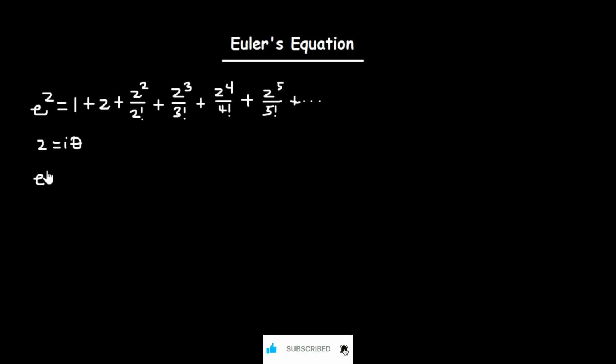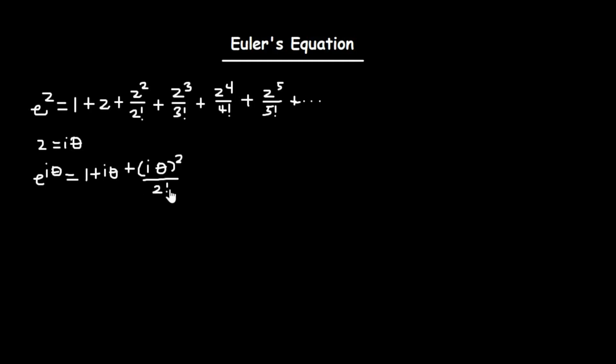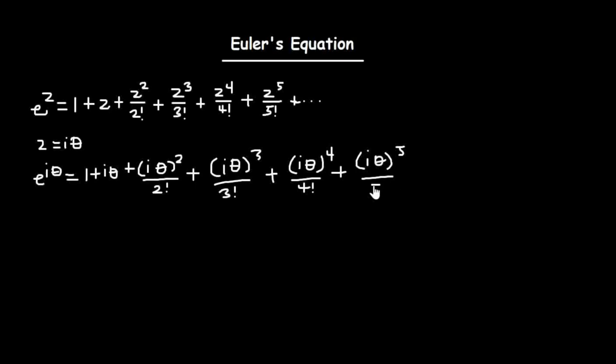So you have e to the power i theta equal to 1 plus i theta, plus i theta to the power 2 all divided by 2 factorial, and then plus i theta to the power 3 all divided by 3 factorial, and then plus i theta to the power 4 all divided by 4 factorial, plus i theta to the power 5 all divided by 5 factorial, and this series continues.